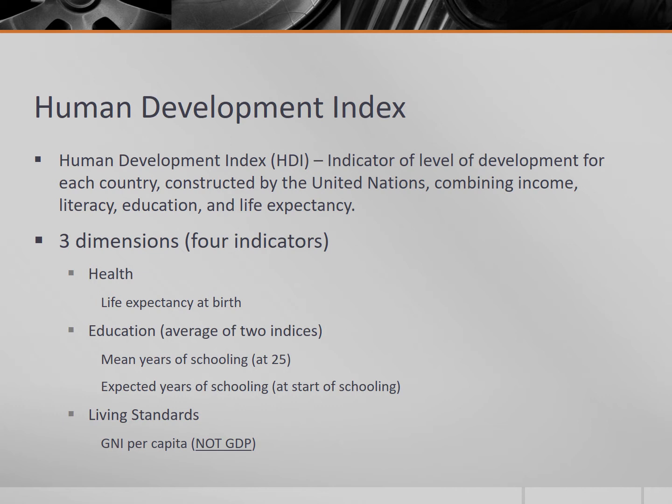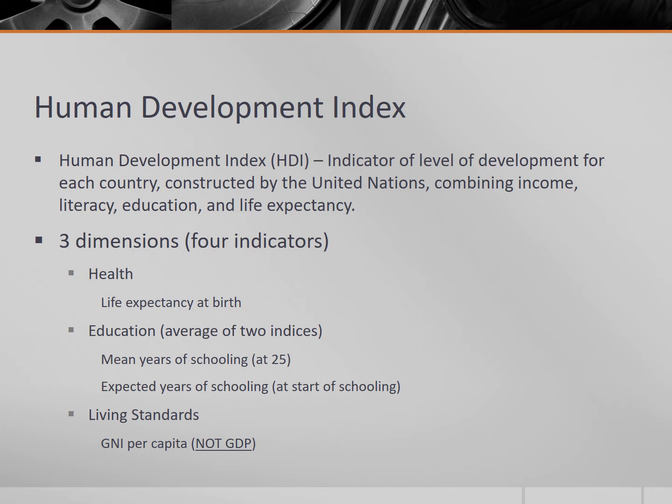So make sure that you know the 4 components of the Human Development Index, and they are life expectancy at birth, average years of schooling measured at age 25, the expected years of schooling at the start, and GNI per capita, not GDP.